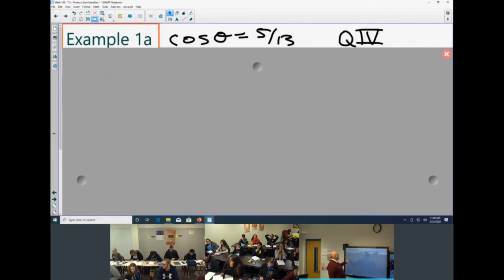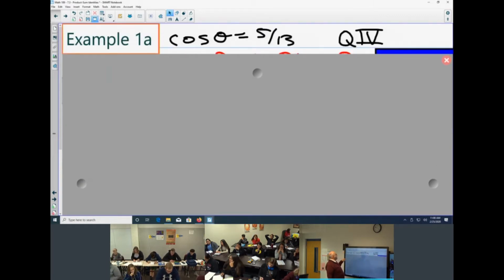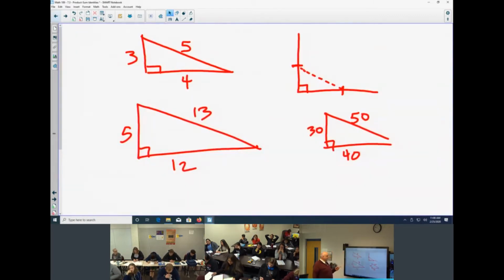The other thing that will help us when we're trying to find other sides is if you remember some of the Pythagorean triples. A 3, 4, 5 triangle is the most common, or any multiple of that, like 30, 40, 50.